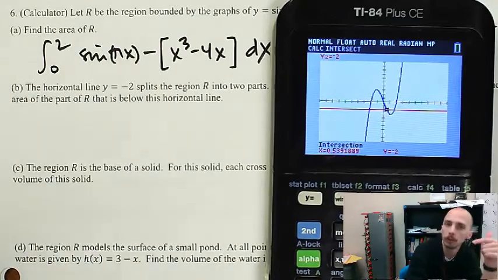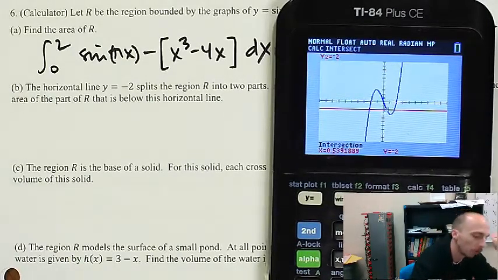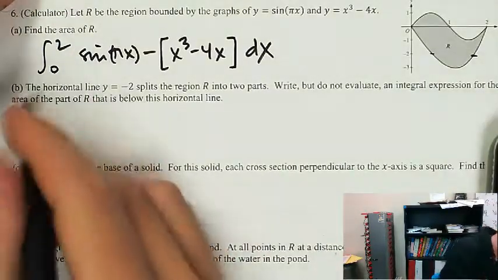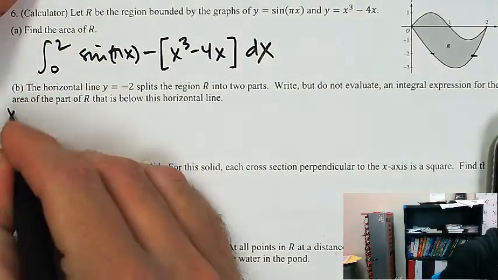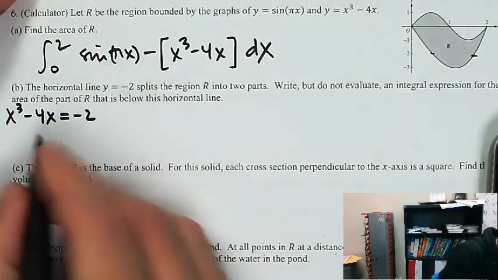But we just solved an equation using the calculator. And on the free response section of the AP exam, if we solve an equation on the calculator, we need to report which equation we're solving and the solutions. So I'm going to say, all right, first things first, I need to find out where x to the third minus 4x is equal to negative 2.